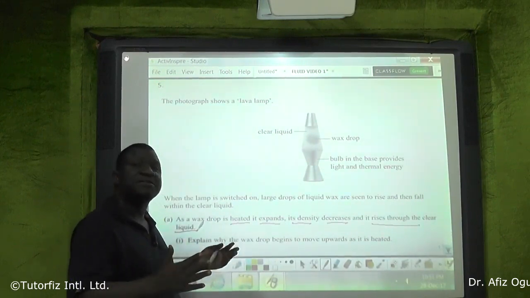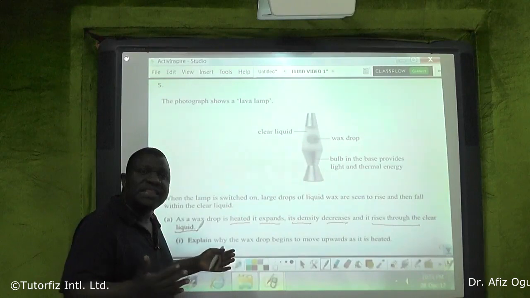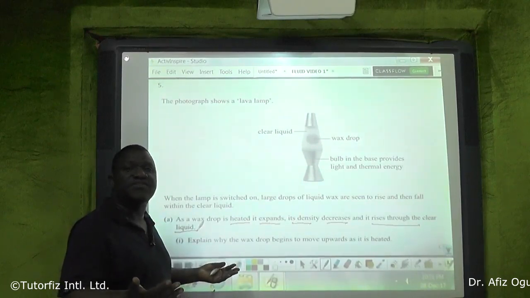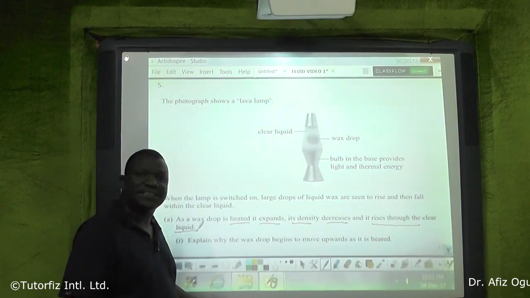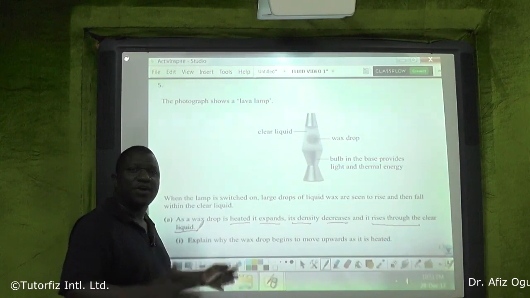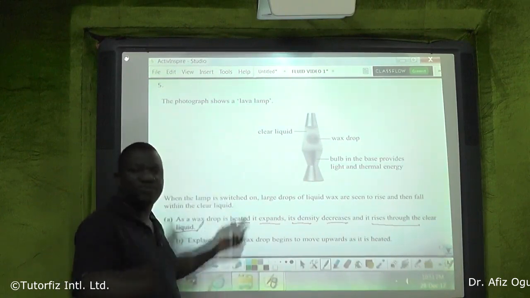When something expands, what happens? Then the volume increases. So density is equal to mass over volume. So density decreases below that of the liquid, the other part of the liquid, then it flows.